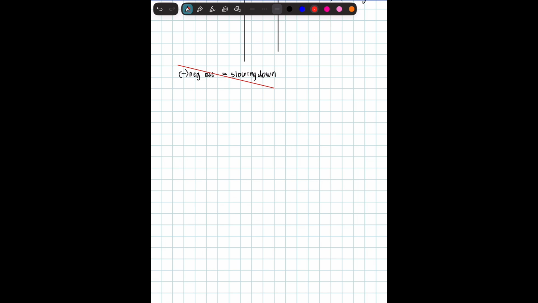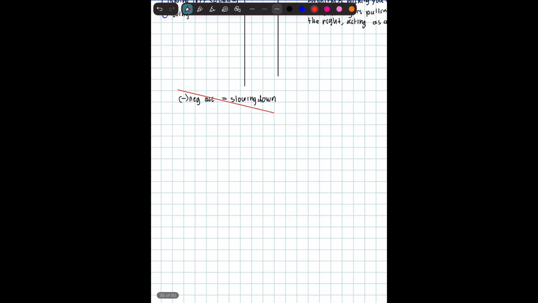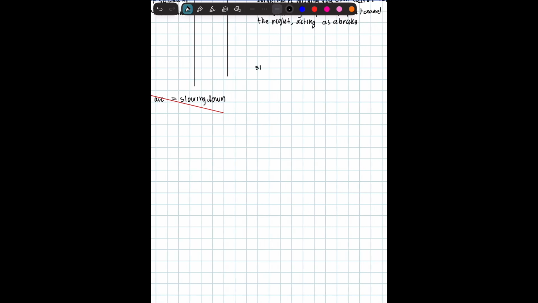It's getting faster, but its acceleration is negative. So you always want to look at the signs together. And so there's a signs rule. If they match, you're going faster. If they fight, then you're slowing down.